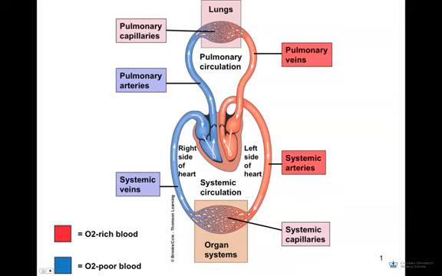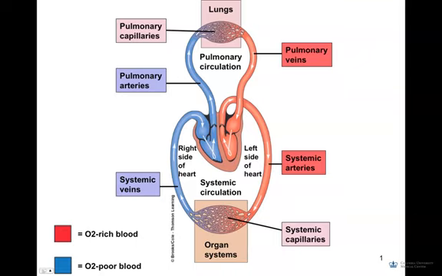It then moves into the pulmonary circulation in order to pass through pulmonary capillaries and become oxygenated. Oxygenated blood then returns to the left side of the heart and is then pumped into systemic circulation, into systemic arteries. That oxygenated blood then perfuses organs throughout our body at the level of systemic capillaries.